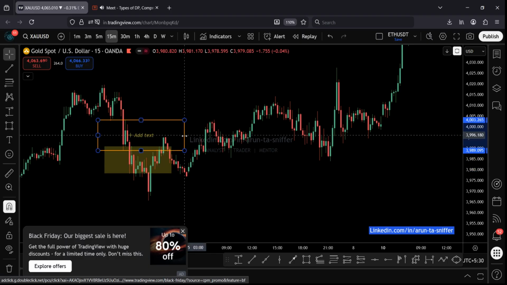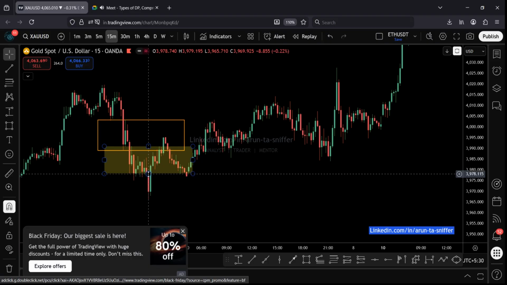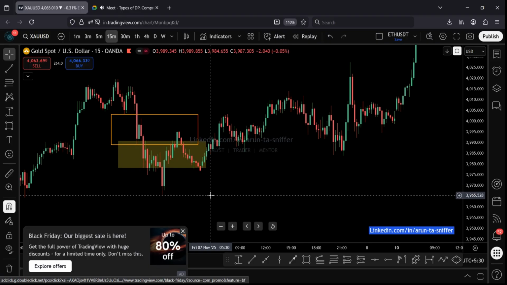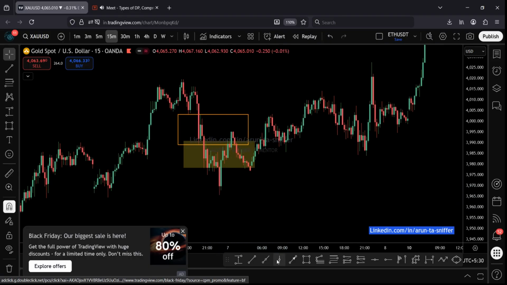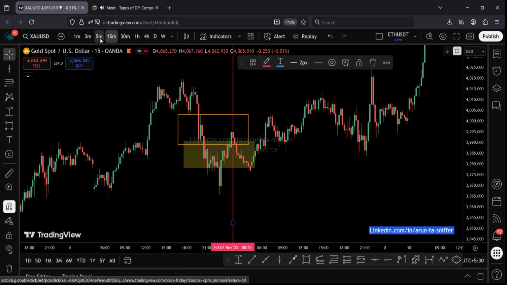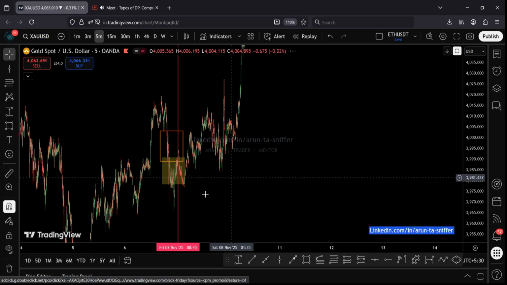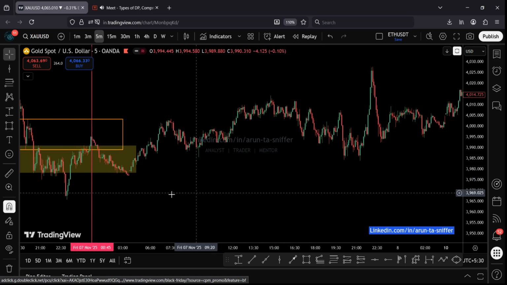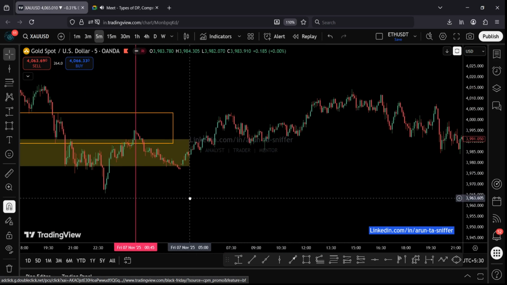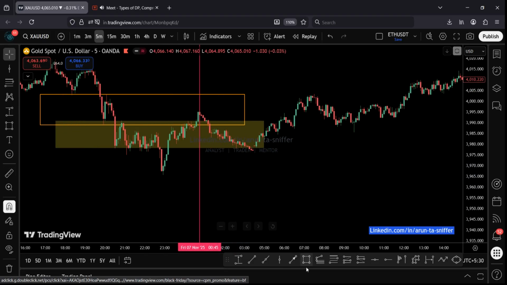What is happening here? Its LSK is somewhere here. To find this, we will have to go to the lower time frame. Let's see if data is available to us or not. Yes, we have. So what is happening here? This is the LSK here. This is LSK or not? This candle.